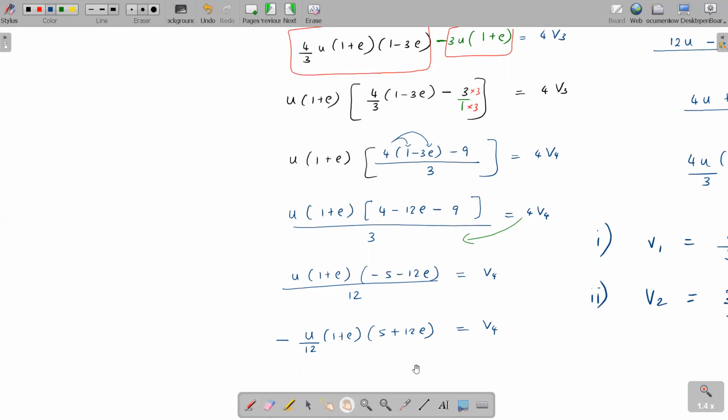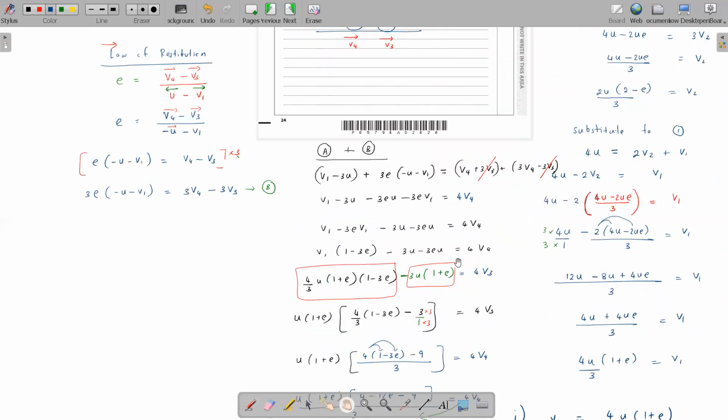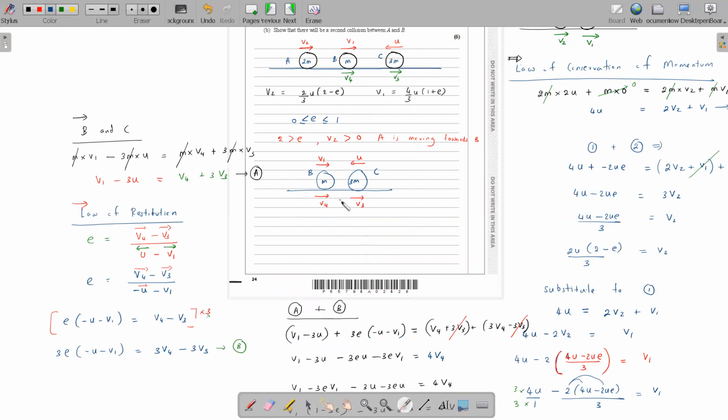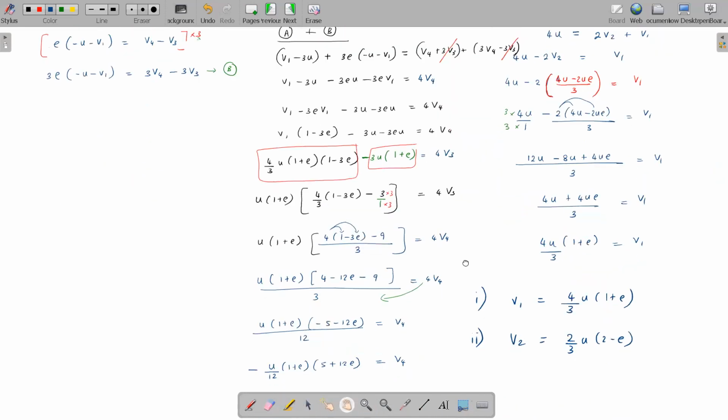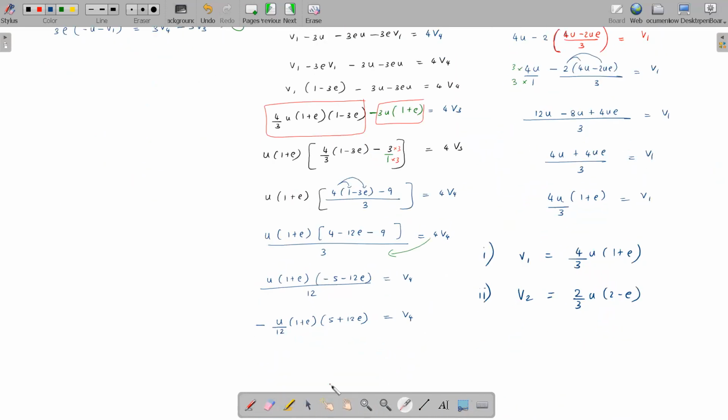So you get your v4 value, which is the speed of object B after it collides with C. You can very clearly see now that the direction I have used is wrong, because I'm getting a negative figure. You know your e values range between 0 and 1.